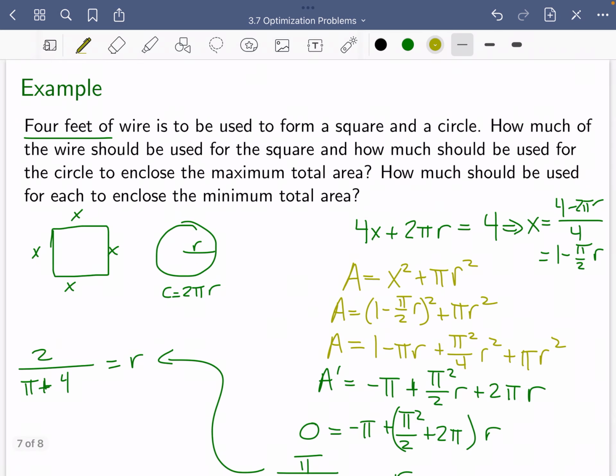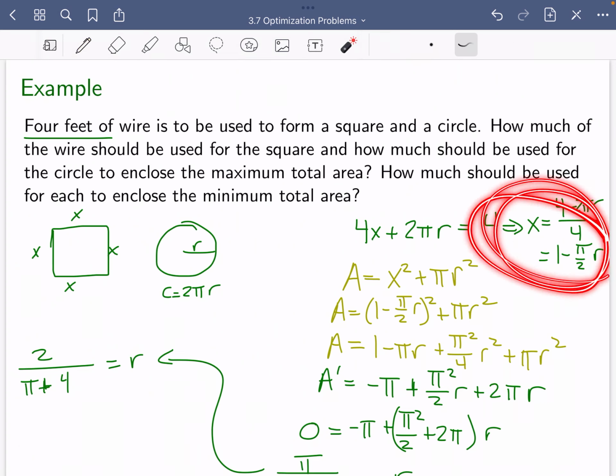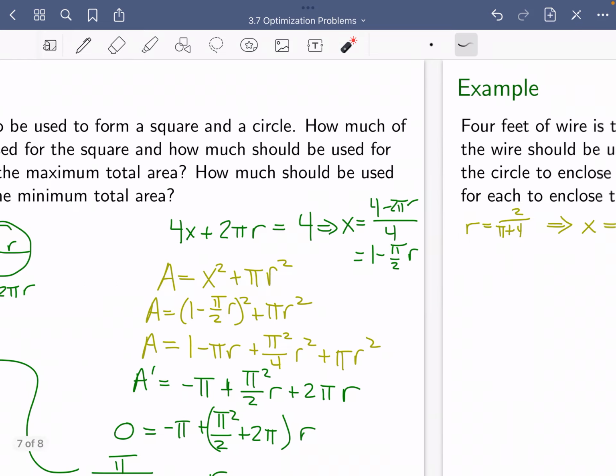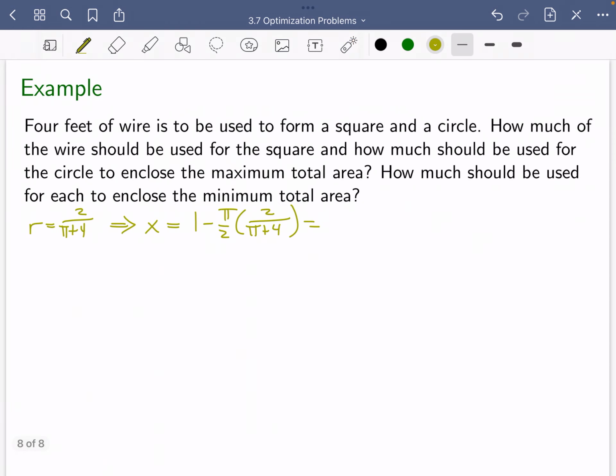So that came from right up here. And so our value of x, if we were to clean that up, we get 4 over pi plus 4.